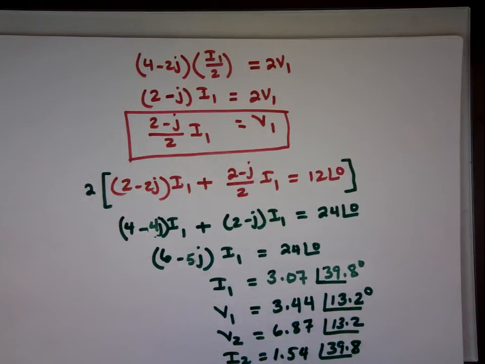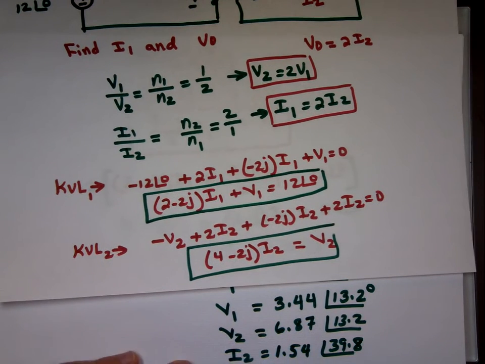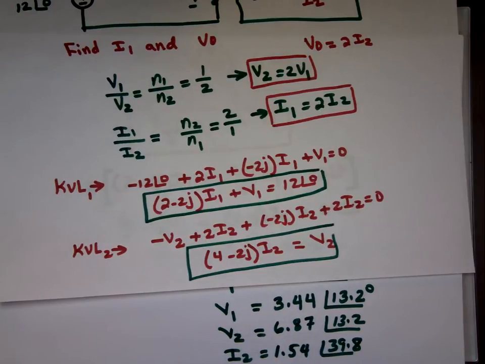And the last question, because there were two questions. The first one, find I sub 1. The other one, find VO. To get VO, we said V out is what? 2 times I sub 2. So multiply I sub 2 by 2. 3.07 angle 39.8.